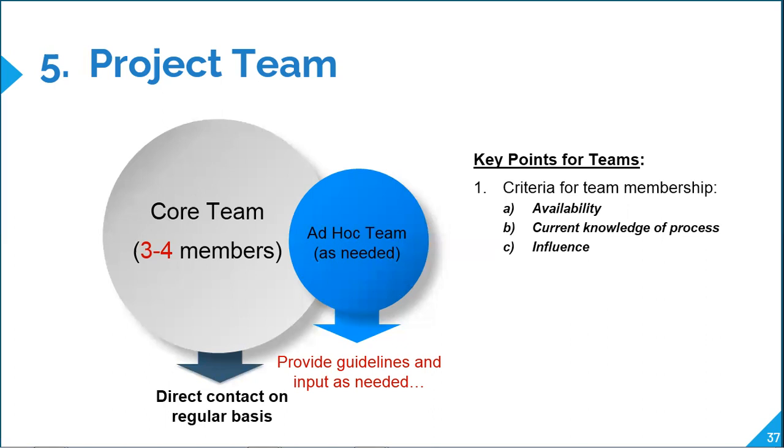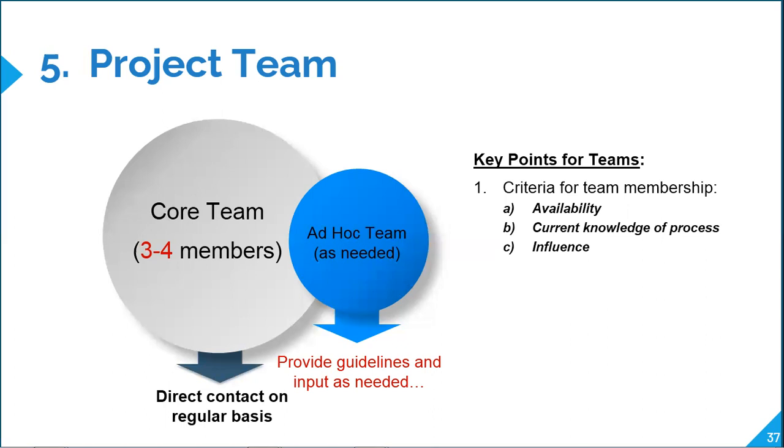Besides the core team, which normally takes care of deployment or execution of the Six Sigma Green Belt project, we would also need some help from the ad hoc team. That includes your senior management. From time to time, they have to approve it and guide with their ideas and understanding.